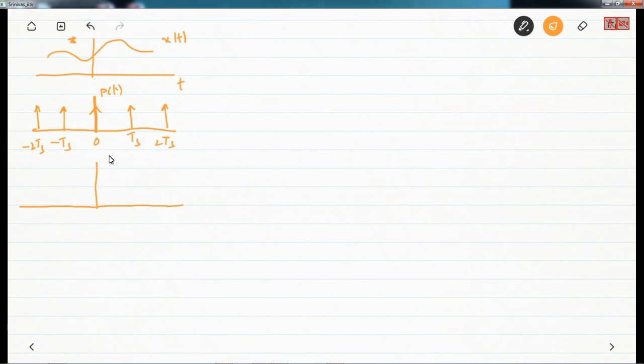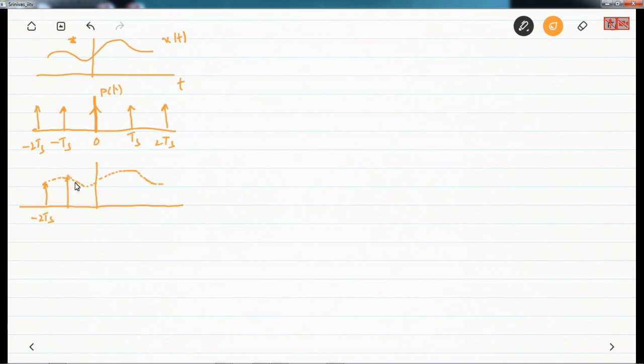I get a set of impulses. My sample here will be of this height.